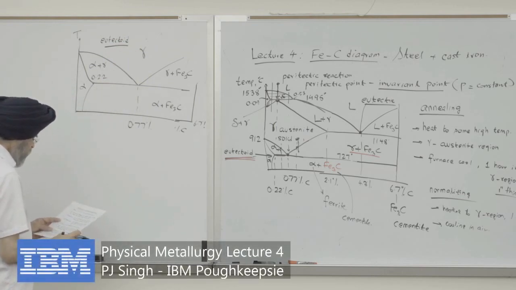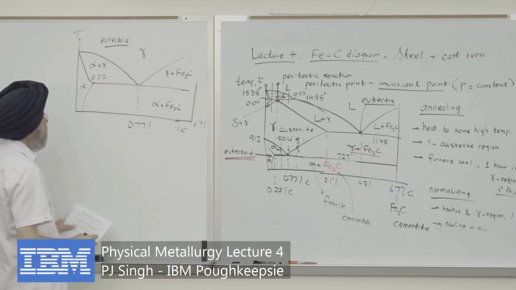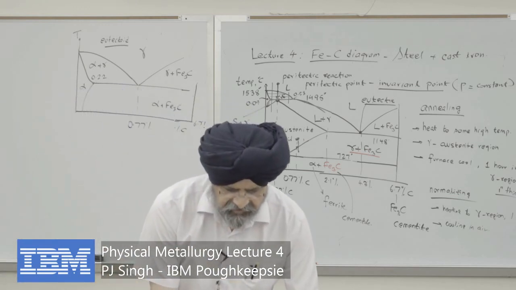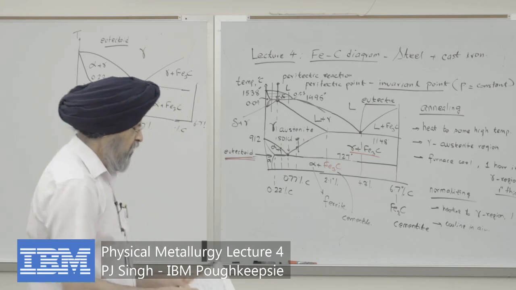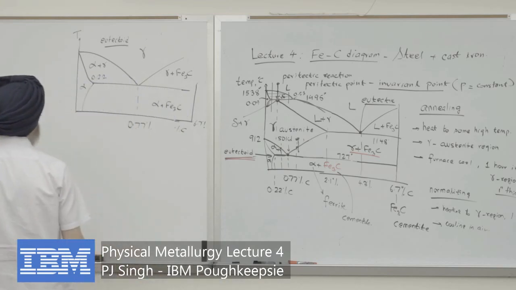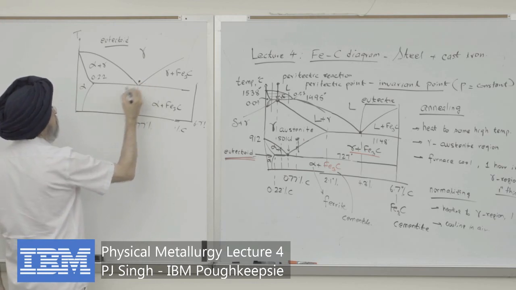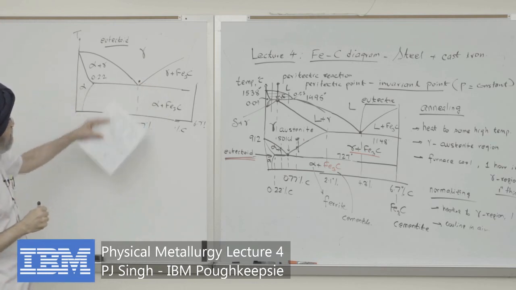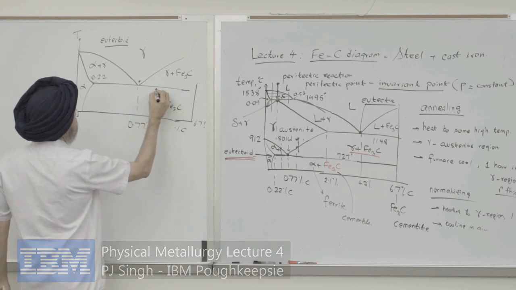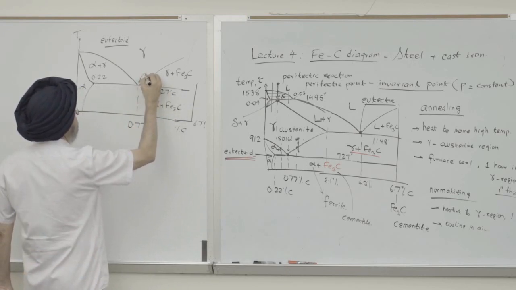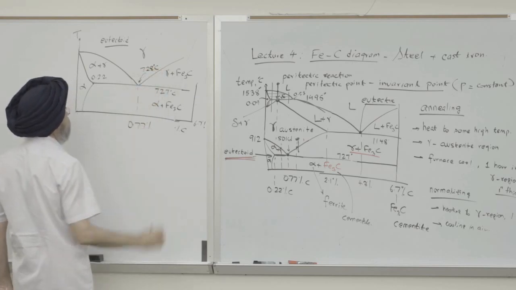So what we do is we have a little setup where we take a salt. How does the metallurgist, if you ask a metallurgist to heat the metal to this temperature, so let's say we have that composition, and this temperature is 727 degrees centigrade. You ask a metallurgist to heat the metal to 728 degrees centigrade.